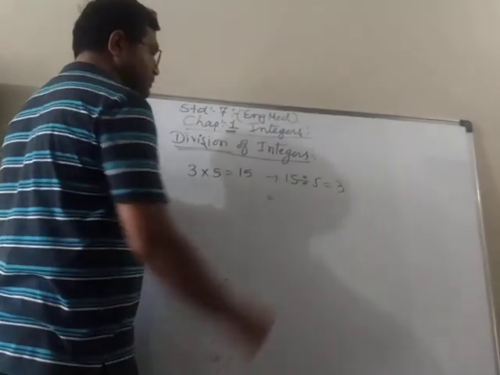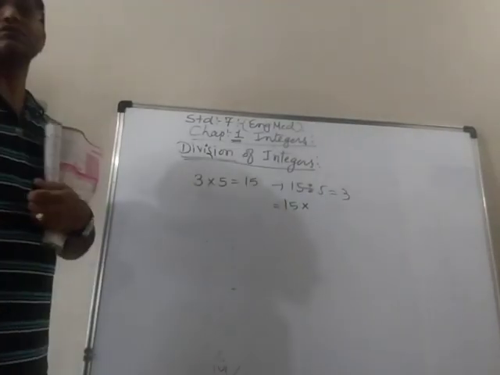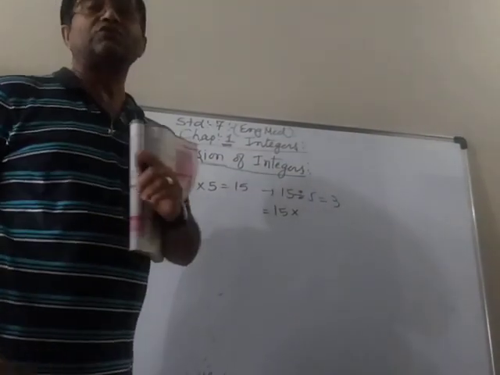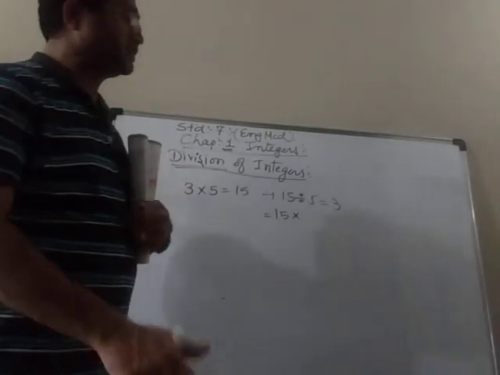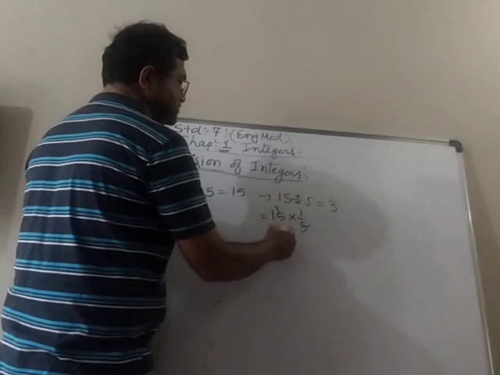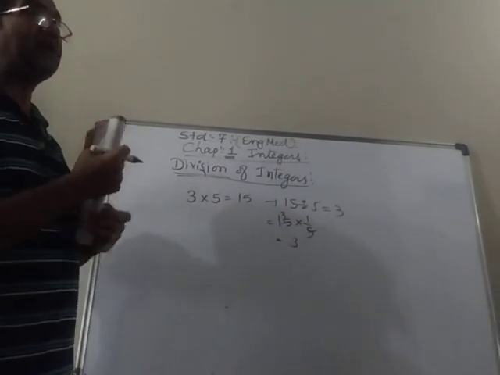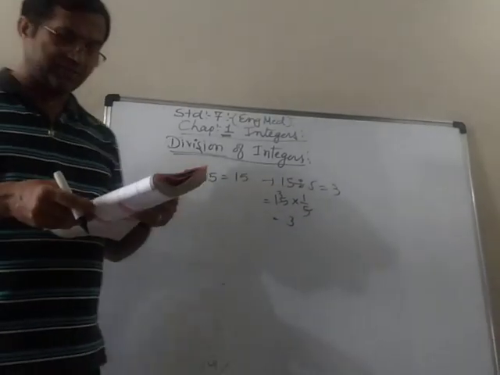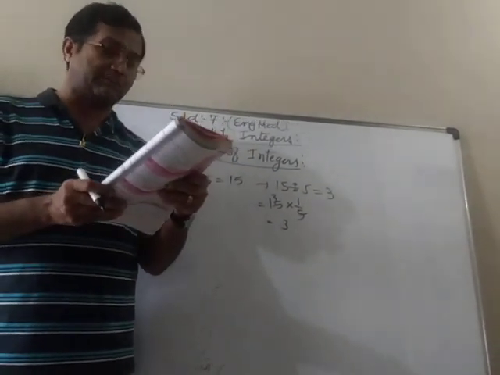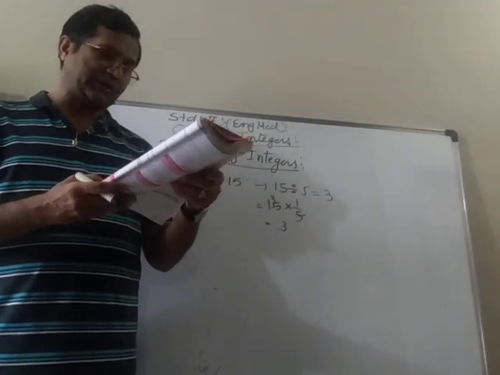Here what can we do? 15 divided by will be turned into multiply, and then the second number we have to write down as the reciprocal of it, means 1 upon 5. 5 3s are 15, so the answer is 3. It means that when you divide a number, you are multiplying with its inverse number, and it will be very, very simple.